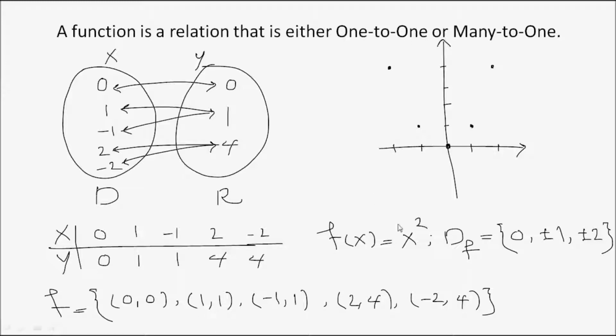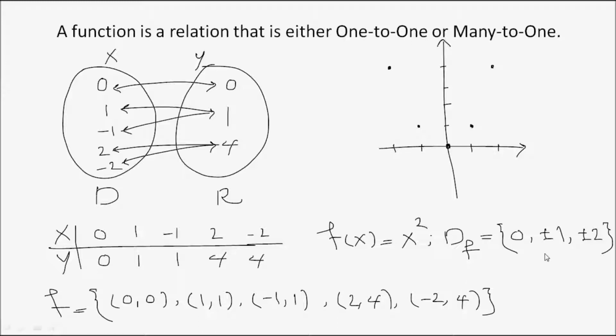So you can represent this function as an algebraic equation, f of x equals x squared. What does that mean? It means that whatever value x from the domain is associated to x squared in the range. So f of x is actually y. You have to indicate that the domain is 0, plus minus 1, and plus minus 2.